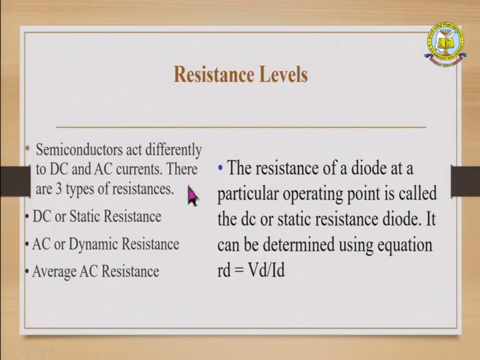Okay. So there are three types of resistance: the DC or static resistance, the AC or dynamic resistance, and another one, the average AC resistance. After that, the resistance of the diode at a particular operating point is called the DC or static resistance of the diode.